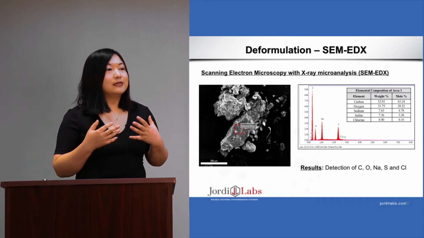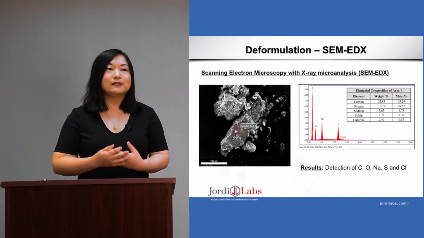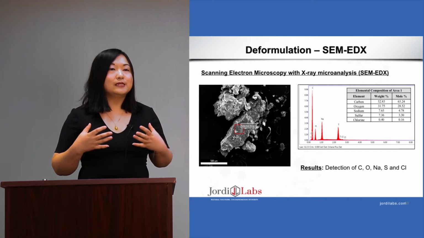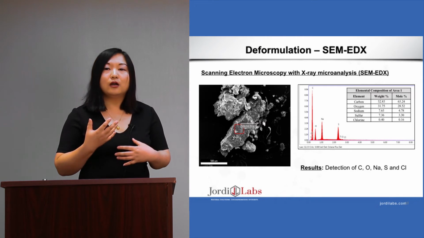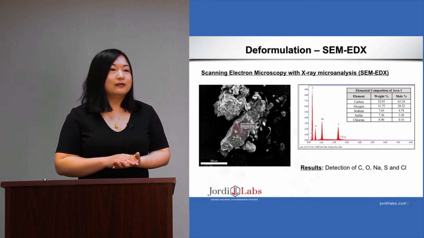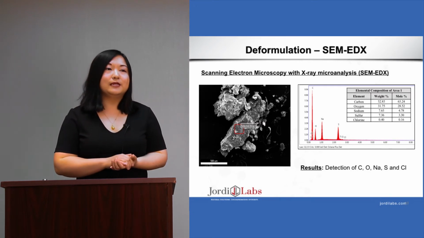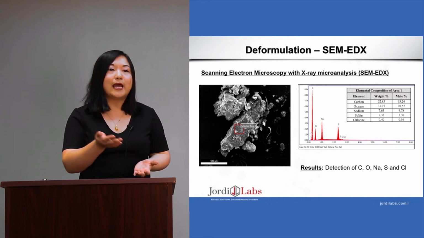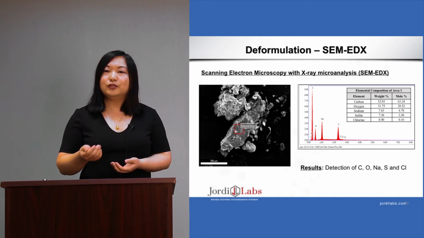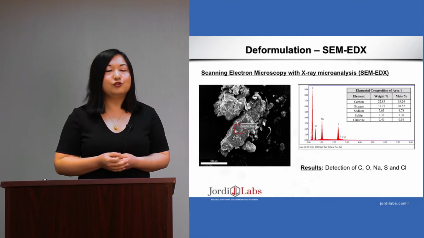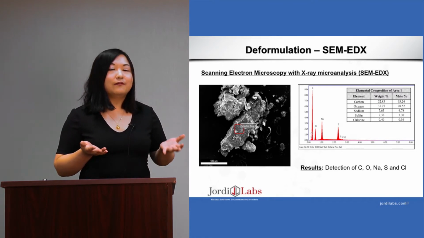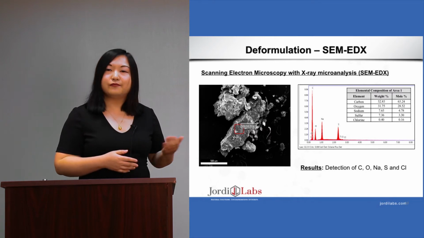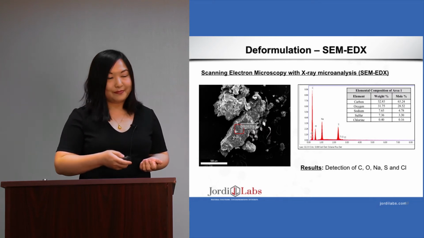As you can see, the EDX analysis showed us the presence of carbon, oxygen, sodium, sulfur, and chloride, which totally makes sense because, for example, sodium chloride is added to the fatty acids to give you the salts to make soap. And sulfur is a good indication of the sulfonates we observed from the LC-MS data.